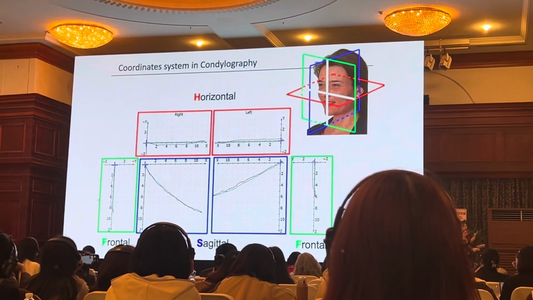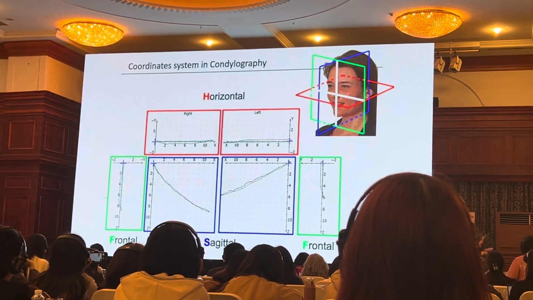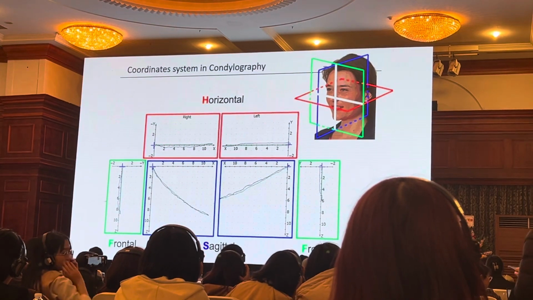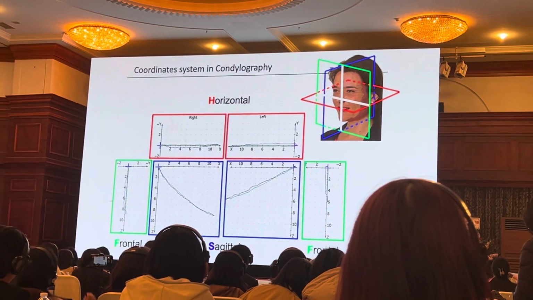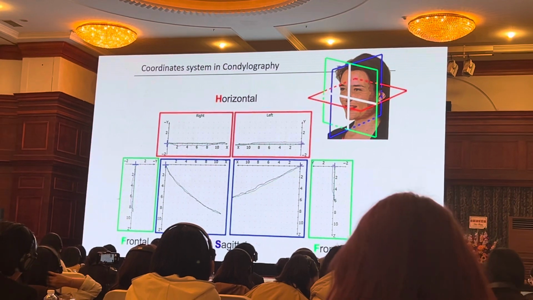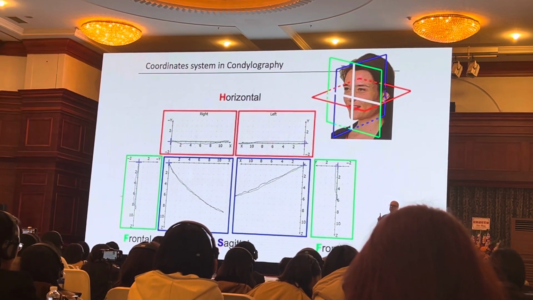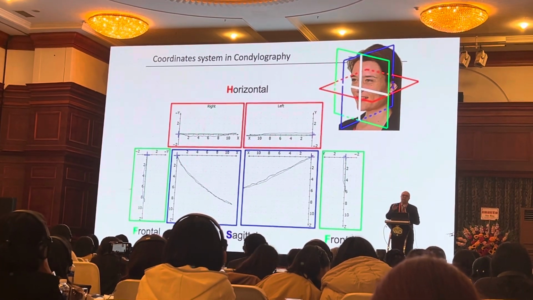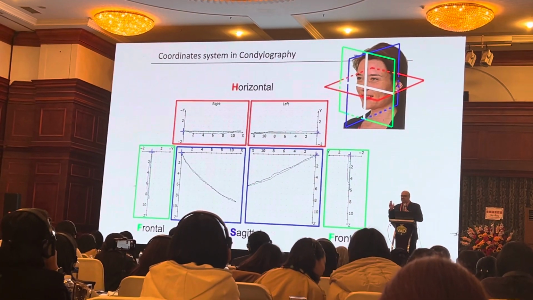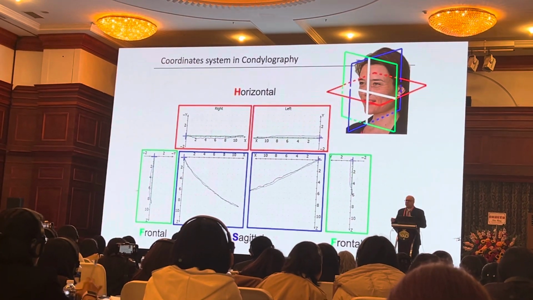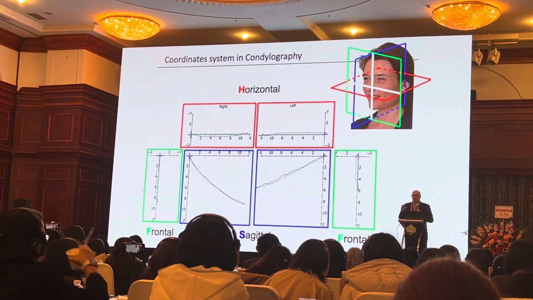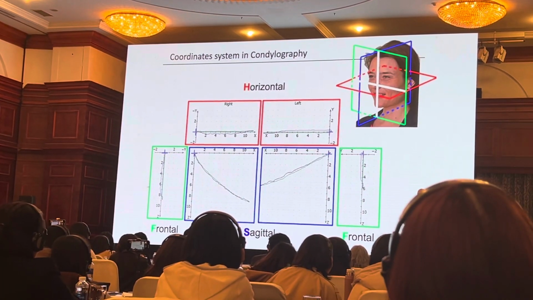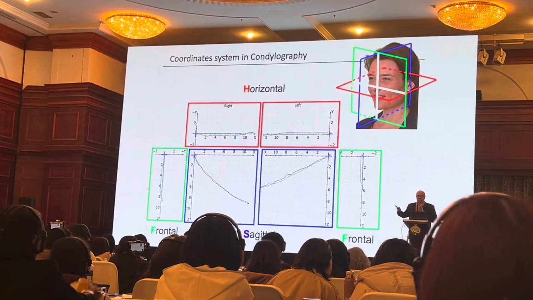I can reproduce any functional movement of the patient. For example, I can reproduce chewing, breathing, speech, side movement, or anything you want. For example, I want to see what happens to the joint if the patient bites only on the first bicuspid. You can record that. You can test your crowns before cementation, you can do many things. So it's a super interesting system for your diagnosis, treatment planning, but also to refine the result of your treatment.